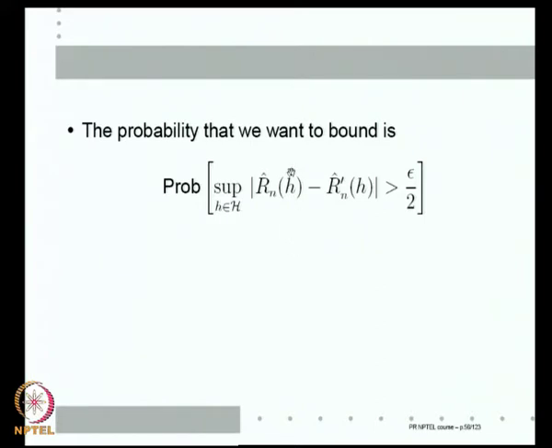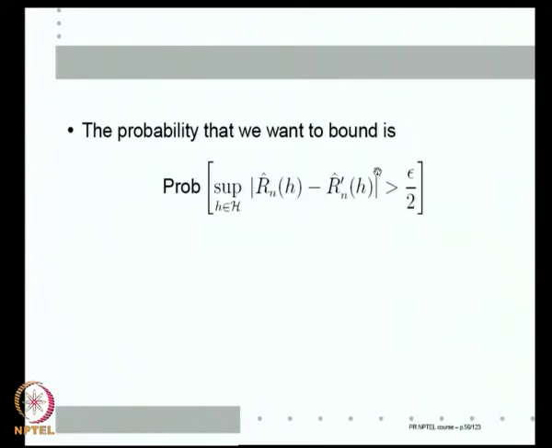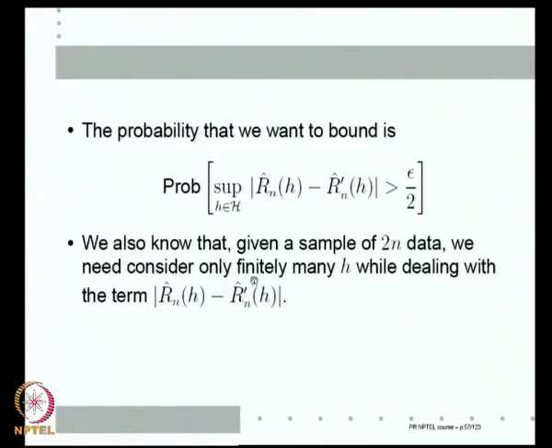So, let us go over this argument again. The probability that we actually want to bound is this, right. What we bounded is for a particular h, but with a bound that is independent of h, but what we actually want to bound is this. We also know that because these are R hat n's, given a sample of 2n data, we need to consider only finitely many h while dealing with them, right. While dealing with this term, I need to consider only finitely many h.